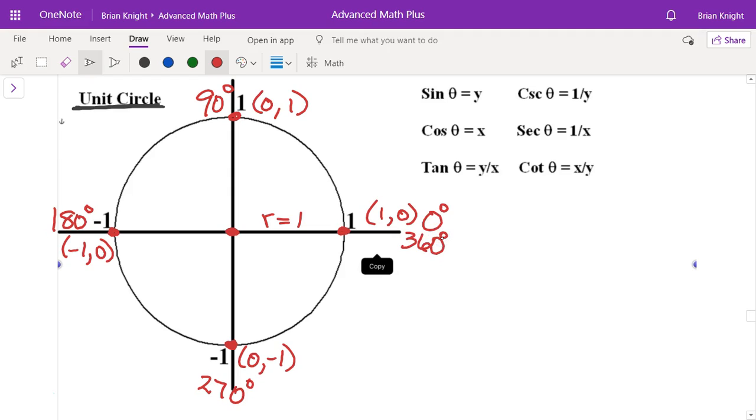And so basically, this is just giving you a shortcut of how to solve these specific 4 angles, but it also can find any angle. But usually you only have to have them for these 4 or 5. The reason you don't need them for the others.